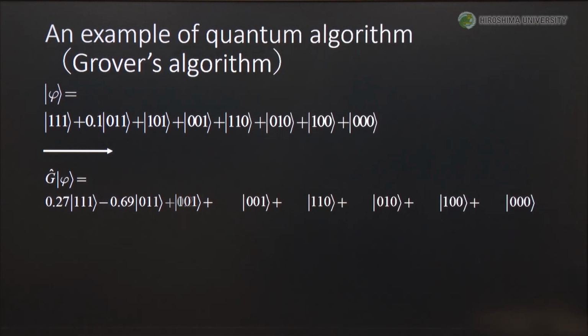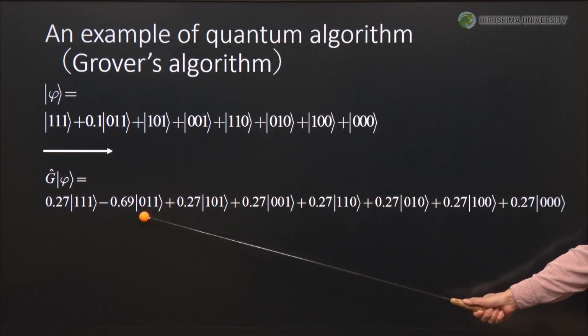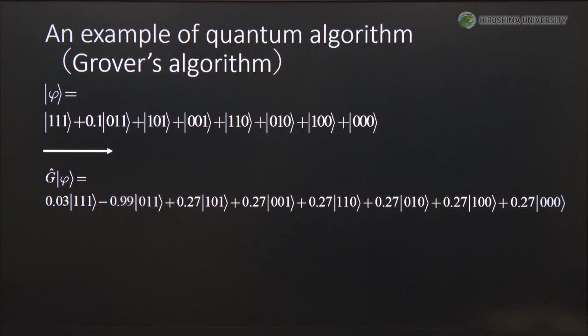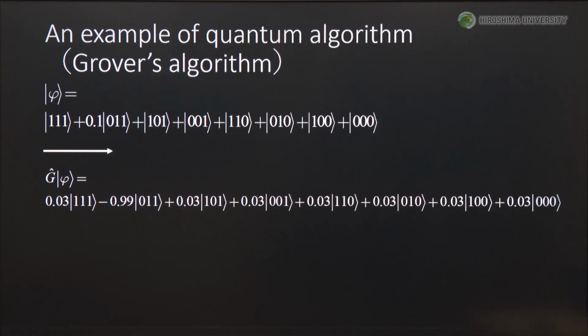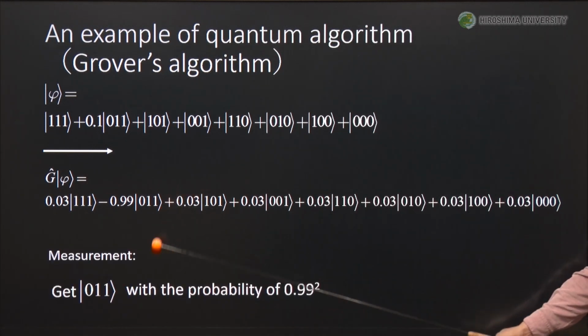Apply a second time, again it changes this coefficient a little bit, and the third time you see that the coefficient of this state is 0.99, and the other coefficients are very small numbers. Then if we apply the so-called observation, we can get this answer with the probability of the square of 0.99.